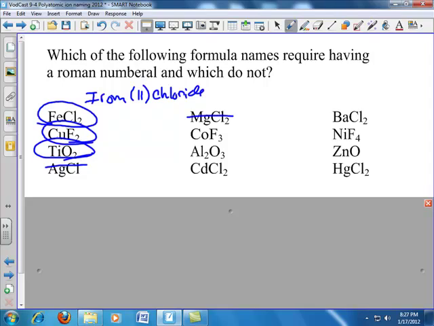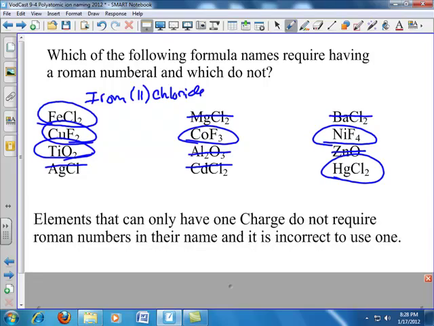Not magnesium chloride. But you would for cobalt 3 fluoride, you would not for aluminum oxide, you would not for cadmium chloride, you would not for barium chloride, but for nickel 4 fluoride you would. You would not for zinc oxide, but you would for mercury 2 chloride.